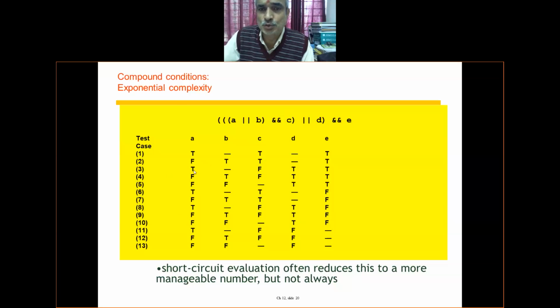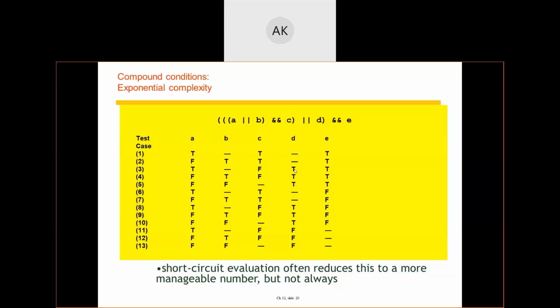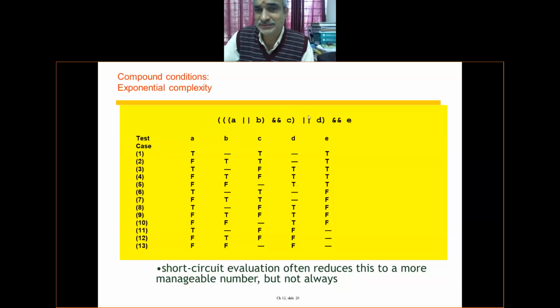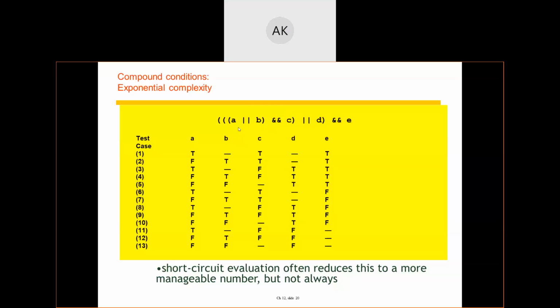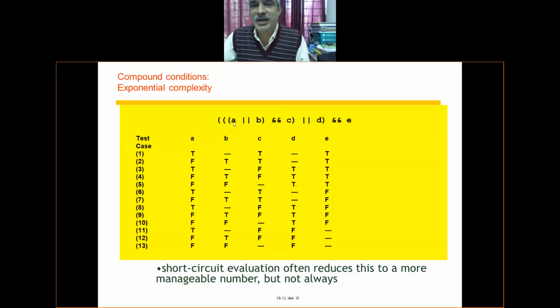When A equal to true, B doesn't make a difference. When C equal to false, then B equal to true, this entire thing will be true. Am I right? When D equal to true, it is getting closed.